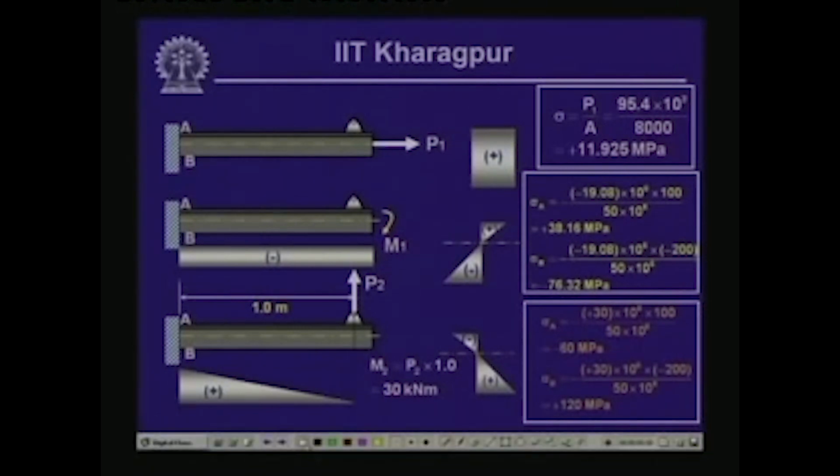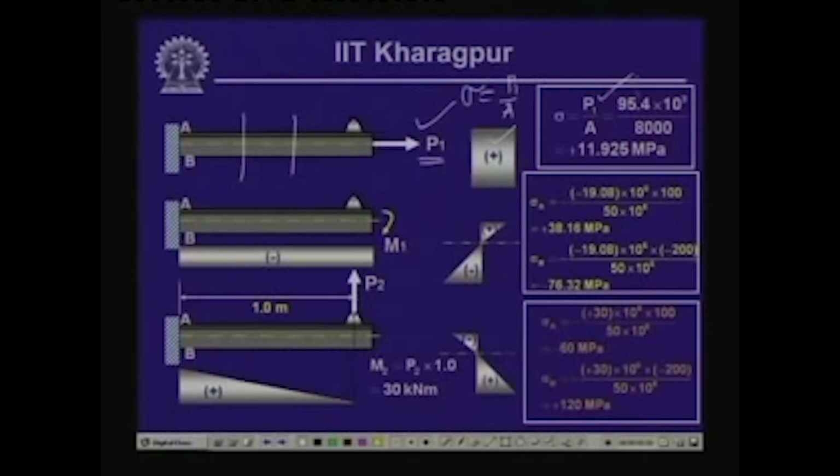Now the axial load P1, which is acting at the CG of the member, is going to give us a normal stress. At any cross section, if we compute the value of the stress sigma, it is equal to P1 by the cross sectional area A, and we call that positive stress because it is tensile; according to the sign convention, tensile is positive.